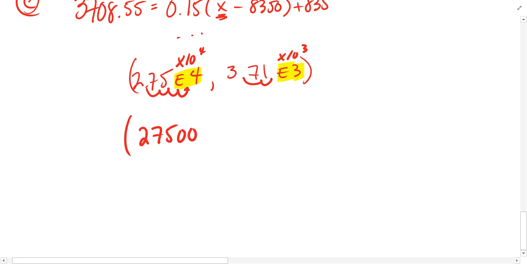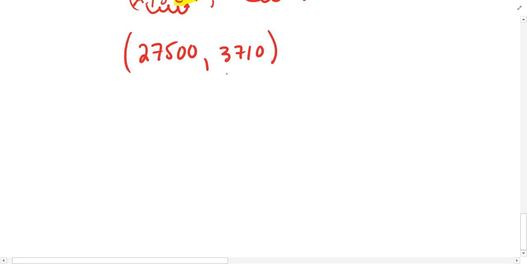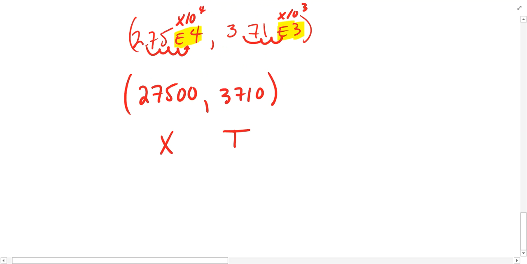And this one gets moved 3 decimals to the right, so we're looking at 3710. And the solutions are a bit more precise than this, but this is all that our calculator displays. And we're essentially saying that with an income of $27,500, your tax bill will be $3,710. So it's not precisely the $3,708.55, but this is pretty good.